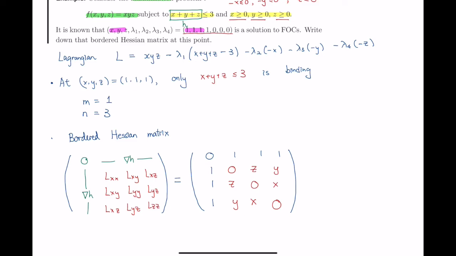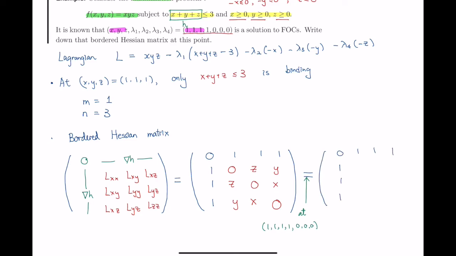But this is not the end, because you're concerned about the bordered Hessian matrix at the point where x, y, z, lambda 1, lambda 2, lambda 3, lambda 4 equal 1, 1, 1, 1, 0, 0, 0. So what does this bordered Hessian matrix become?